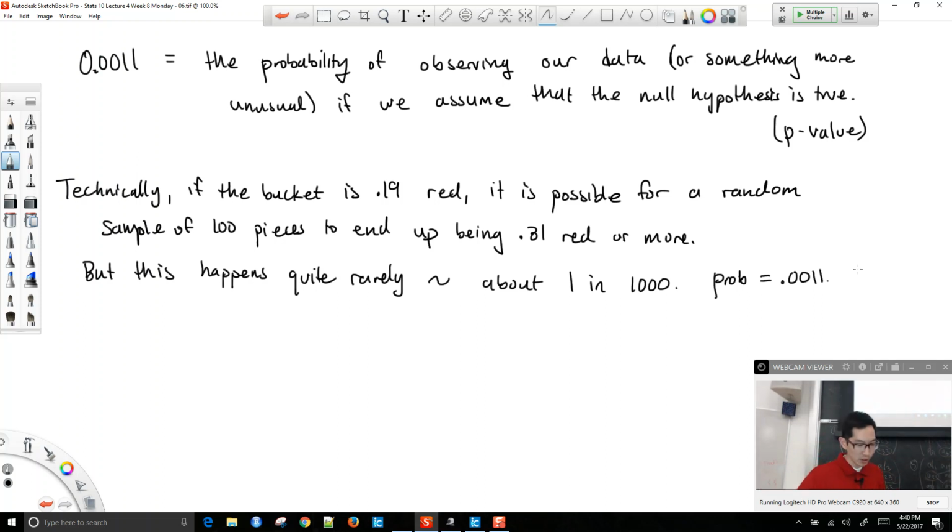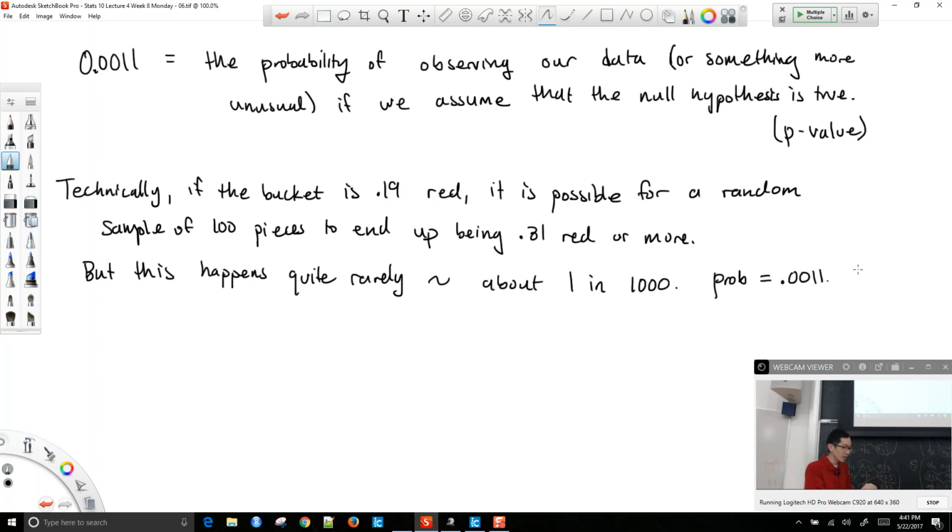So the question is, I got 31% red when I took a scoop of 100 pieces of candy. Do you think it was because I got that lucky 1 in 1,000 sample? Or do you think my assumption is wrong and the bucket is something other than 19% red?